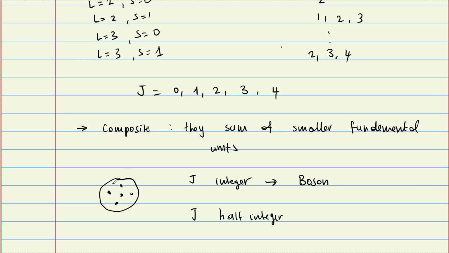Exactly like fundamental particles, we don't care about internal structure anymore. This bag itself is either a boson or fermion. If J is integer, it is boson, and they are going to obey Bose-Einstein statistics. If total J is half integer, it's going to be fermion. And if they are fermions, they are going to exclude each other. For example, 2 atoms, if they have total angular momentum in half integer, you cannot put them together. Okay, let's take a break and continue in the second hour.